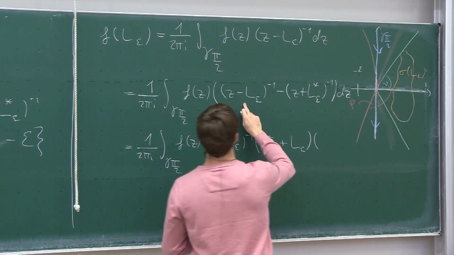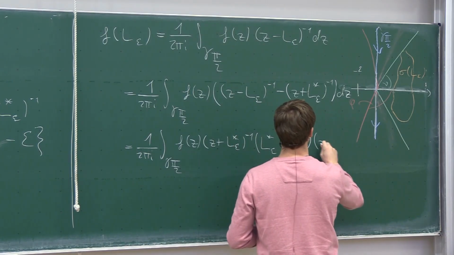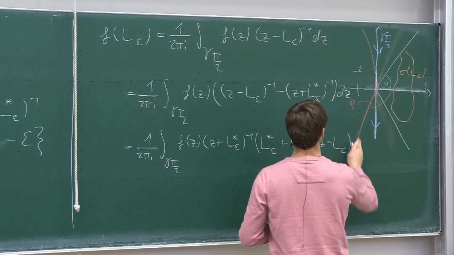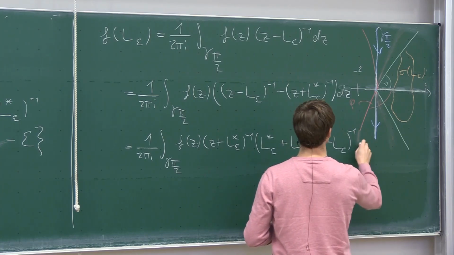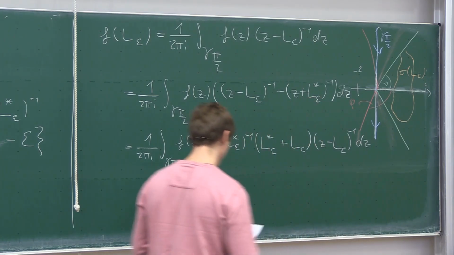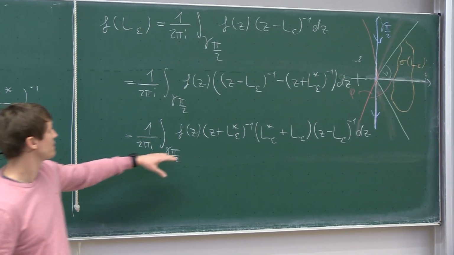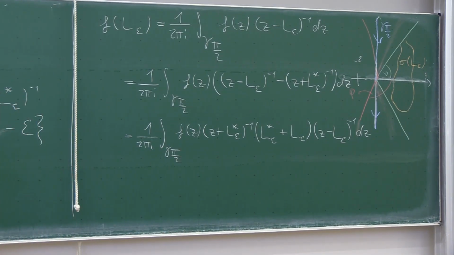And we took out also the resolvent to the right-hand side. So we have here (z - L_ε)^{-1} dz. Okay. So this was already some magic. We have now a new formula for f of L_ε.